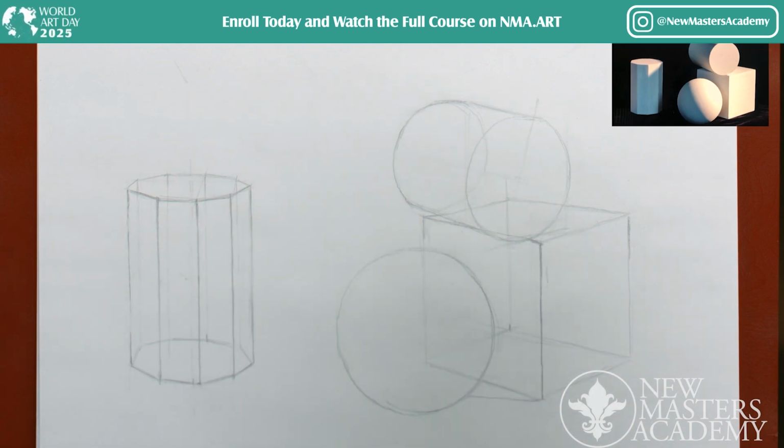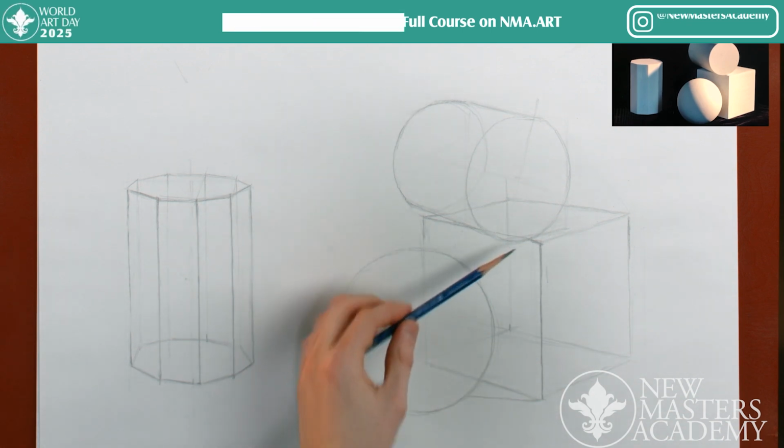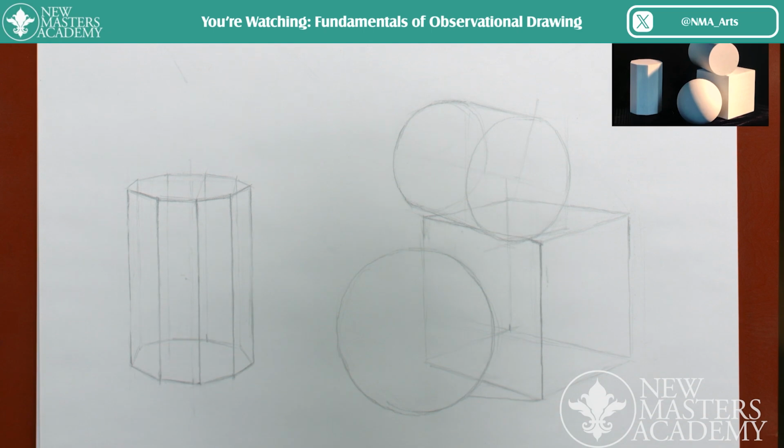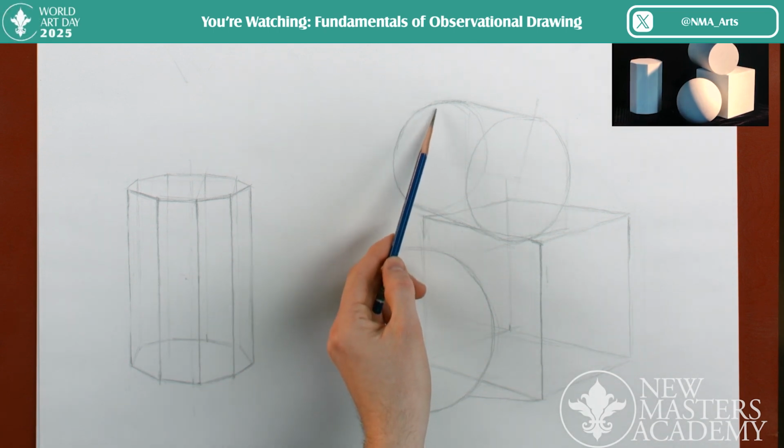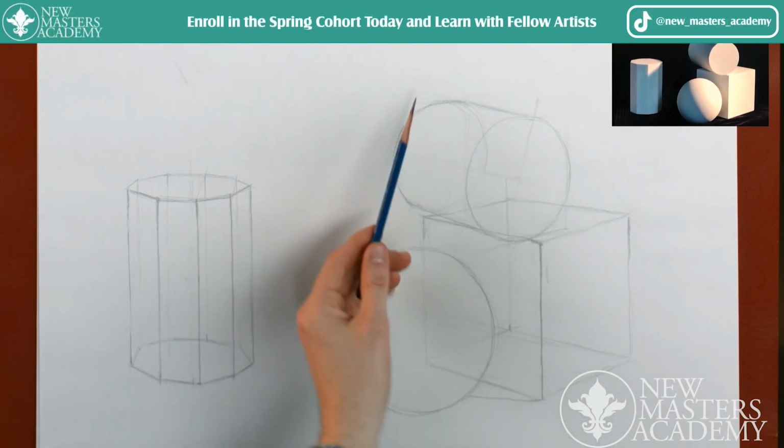And you have a number of options. You can of course begin to tone this away into a shadow in order to help you see where it is, but I'm just going to establish our terminators here.